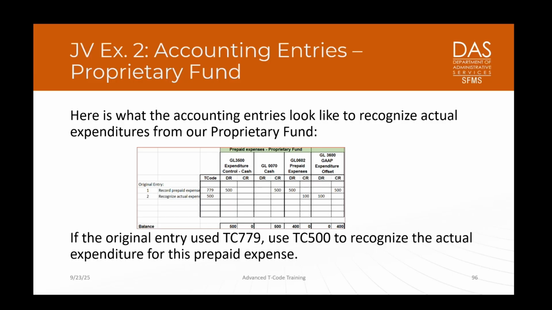Since we established with 779, we have our GL 3500 debited, our cash credit, prepaid expenses 0602 debit, and our 3600 GAAP expenditure credit. And as we map it, putting T code 500 in, we land on the proper balances.